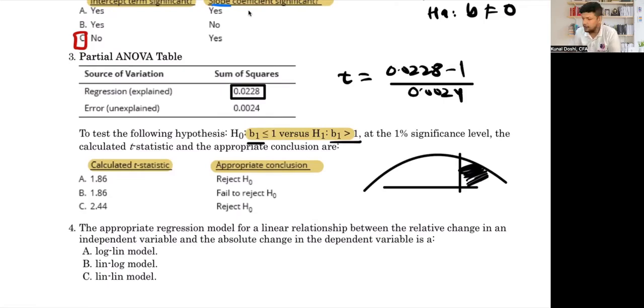What is the value that you get when you solve this? 0.0228 minus 1 divided by 0.0024. What is the value that you're getting, guys? Minus 407.